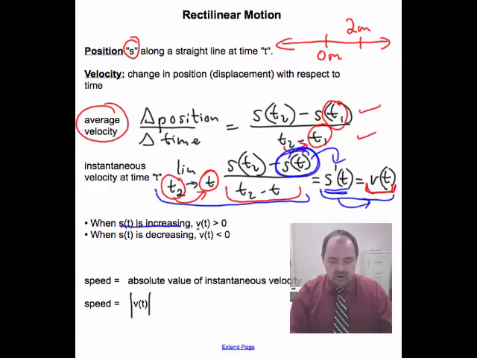A positive velocity tells us that the particle is moving in a positive direction. It's moving to the right if we're moving left and right. If the velocity is negative, s prime is negative, and if a derivative is negative, then the function whose change is being described is decreasing, and therefore the particle is moving towards the left.